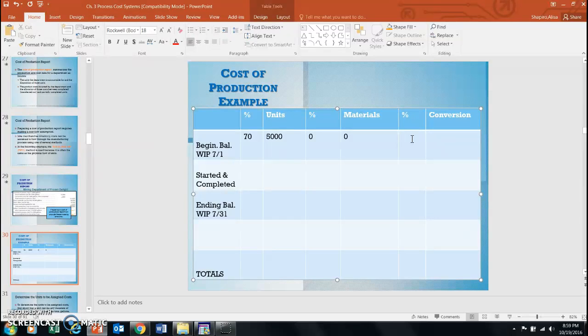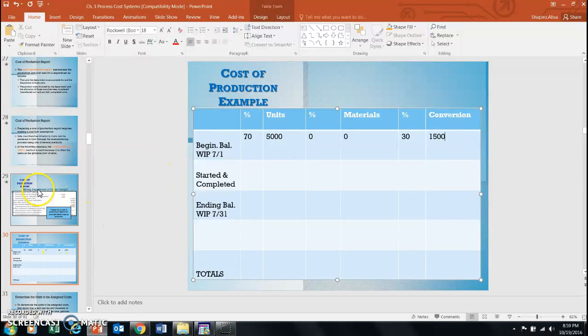Now in July, I will have to complete the additional 30%. Right? So what are my equivalent units if I am working on 30% of 5,000 units? 30% of 5,000 is 1,500, and that's my equivalent unit. That tells us that doing 30% of the work is the same as completing in their entirety 1,500 units.